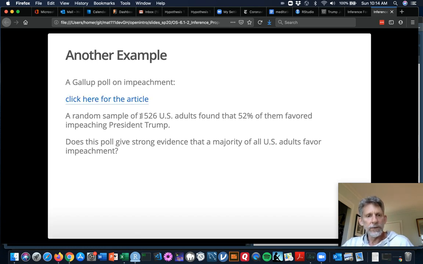When you read the article, you'll find that Gallup took a random sample of 1,526 United States adults and found that 52% of them favored impeaching Donald Trump. Does this poll give strong evidence that a majority of all U.S. adults favor impeachment? That's our little research question.